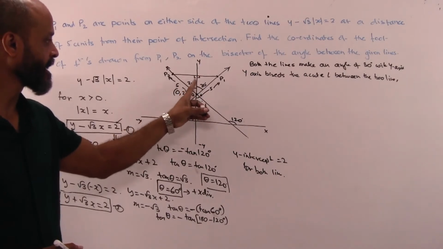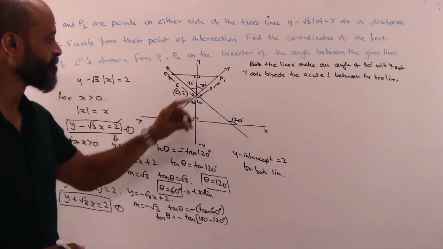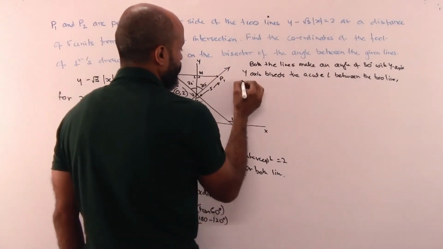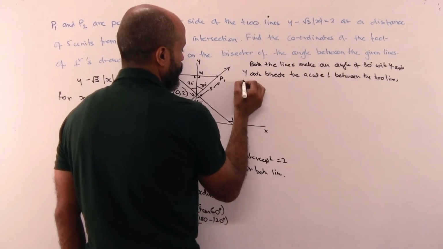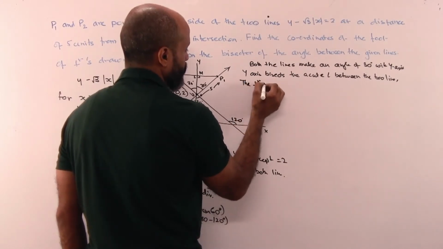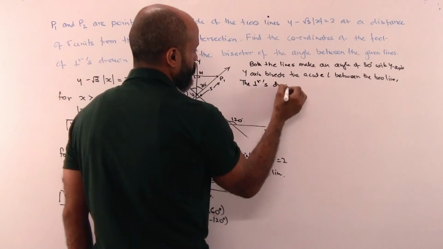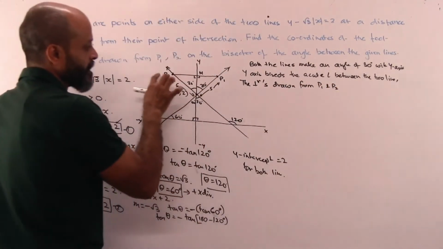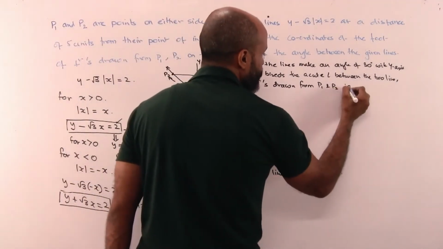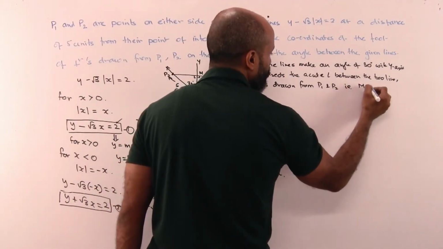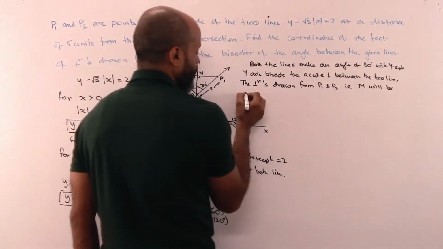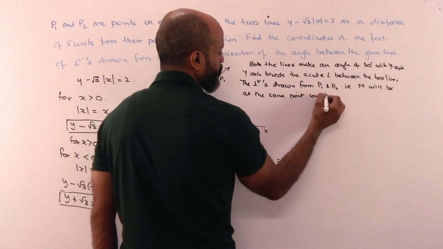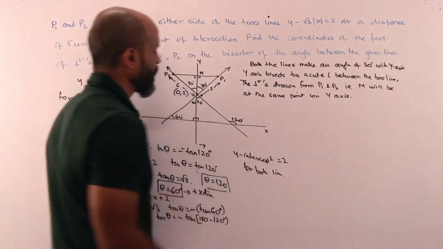Right angle, hypotenuse and side are both equal. So the perpendiculars drawn from P1 and P2, that is M, will be at the same point on the y-axis, obviously.